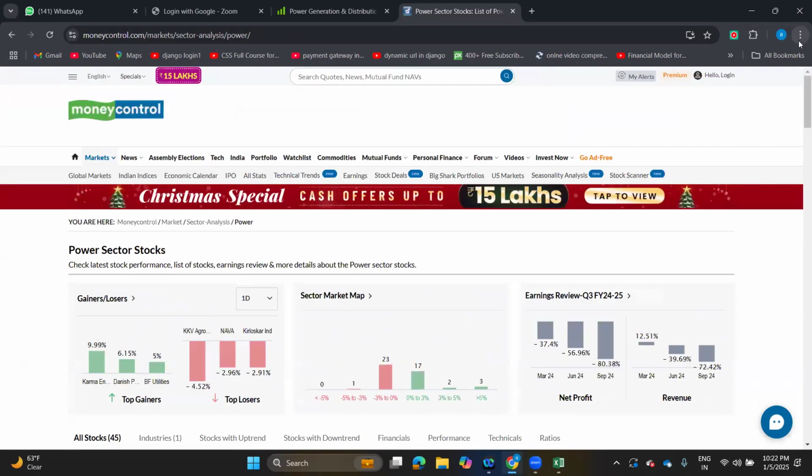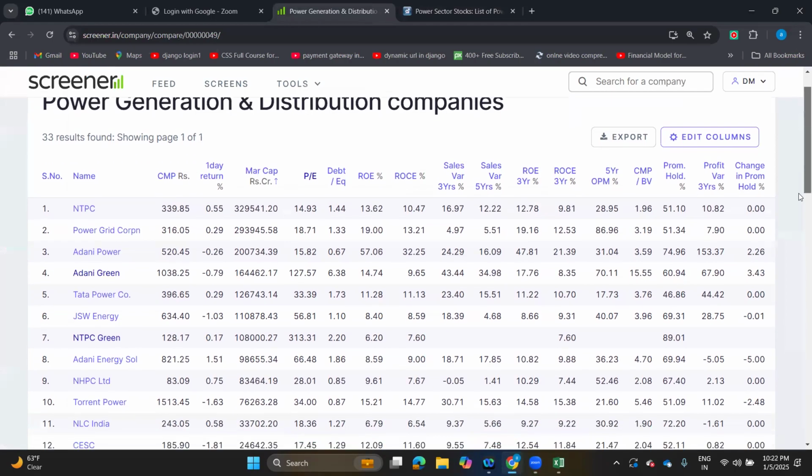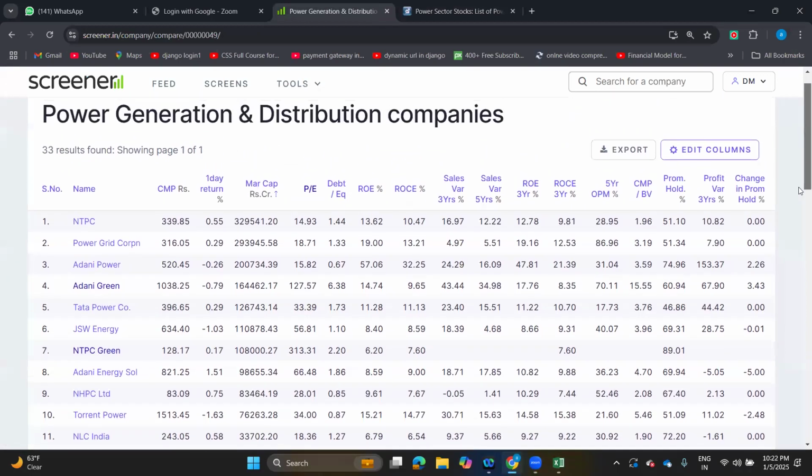Now the problem is, can we compare these companies? Will it be a correct approach to compare these companies? Now let me take you to the screen of Screener. Here what is visible is the power generation and distribution companies.